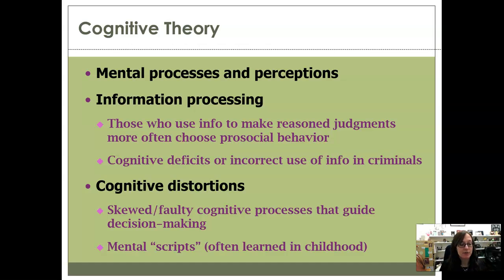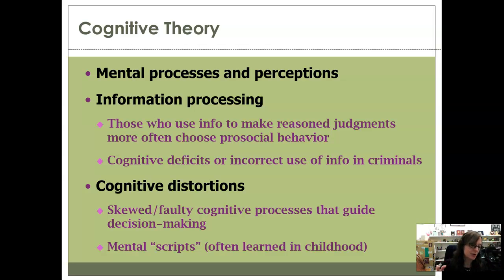There are also cognitive distortions about blaming other people for your own misfortune, and this is often where retaliatory violence comes into play. And then there's the self-serving bias. This is a belief that everything good that happens to you is because of you, but everything bad that happens is because of an external factor outside of your control. And offenders think that way a lot. So these are only some of the many types of cognitive distortions.